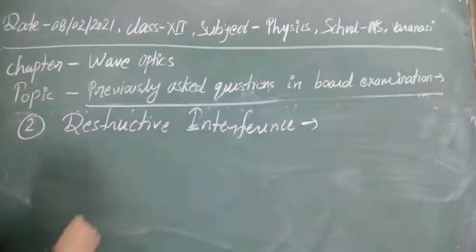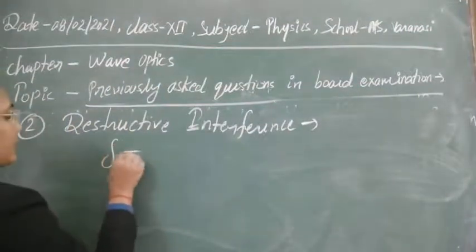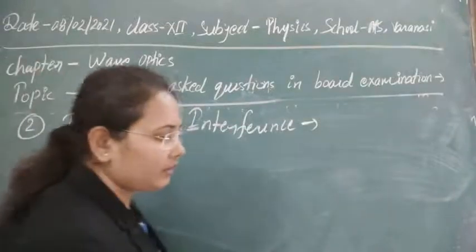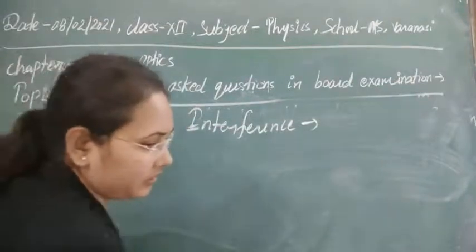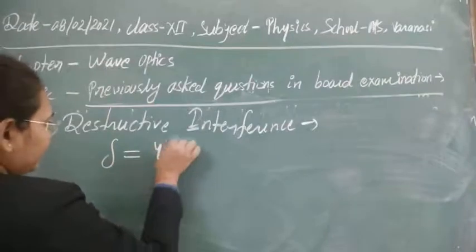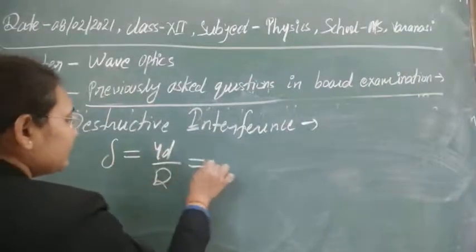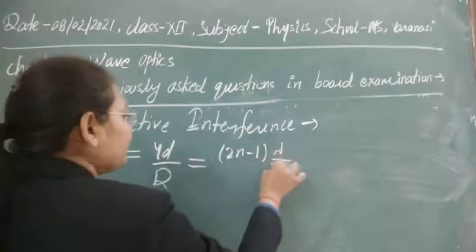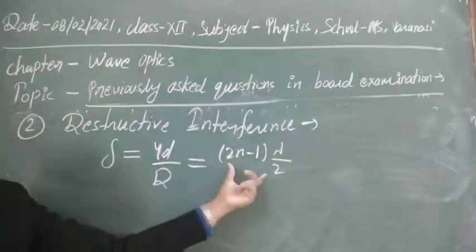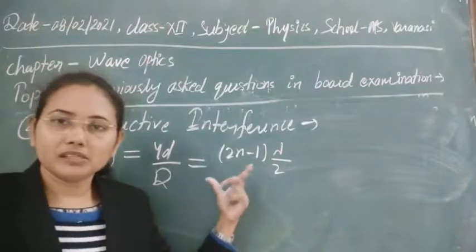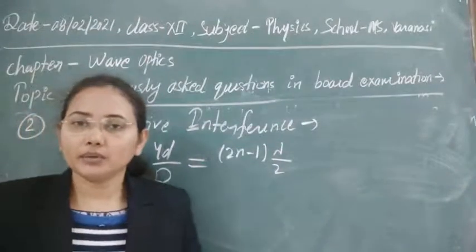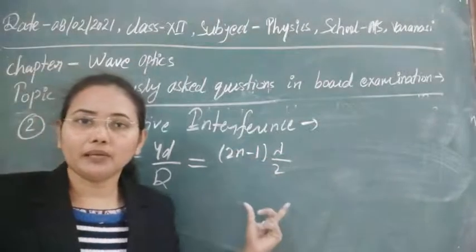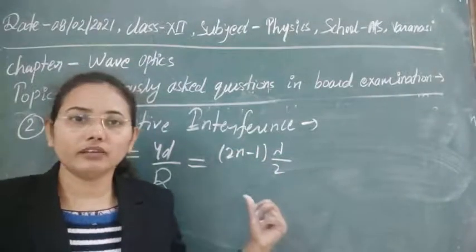For that case, we know the path difference is y d by D, and this will be equal to an odd multiple of lambda by 2. As we have already derived, whenever the path difference between two interfering beams is equal to an odd multiple of lambda by 2, we get destructive interference.